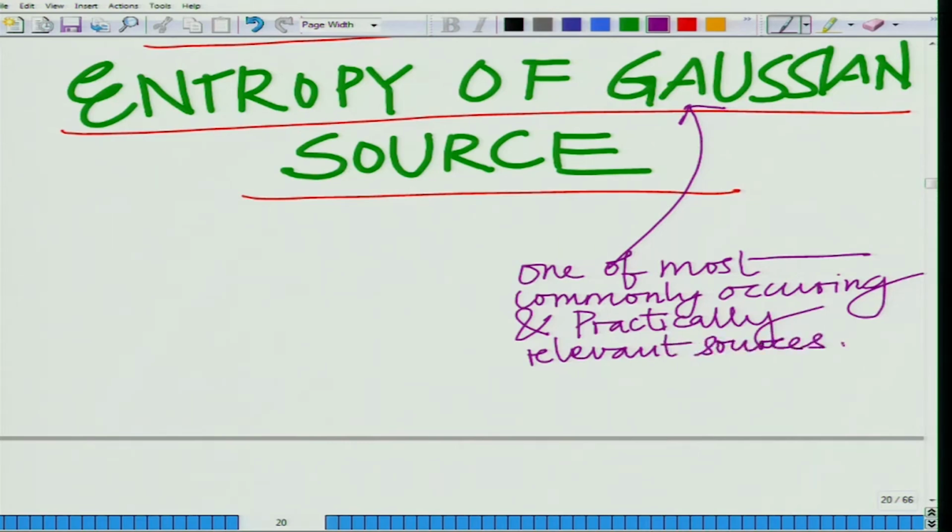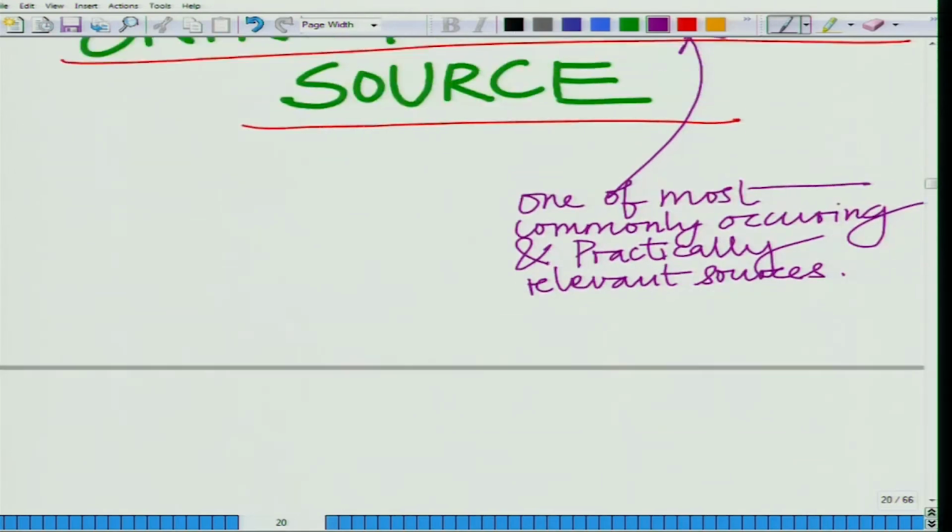Practically relevant in the sense that, since the Gaussian distribution occurs very frequently in nature, the probability density function of the source output can frequently be represented using the Gaussian probability density function. So it is important to characterize the differential entropy of such a Gaussian source.